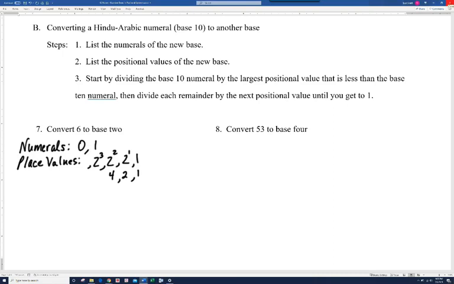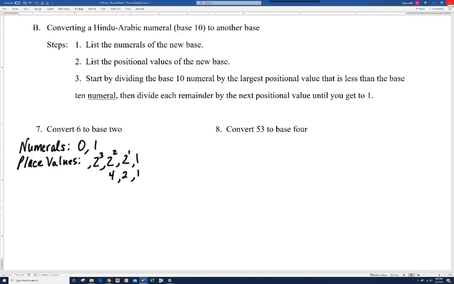All right, and then notice what it says next. Start by dividing the base 10 numeral, in this case that's 6, by the largest positional value that is less than the base 10 numeral.